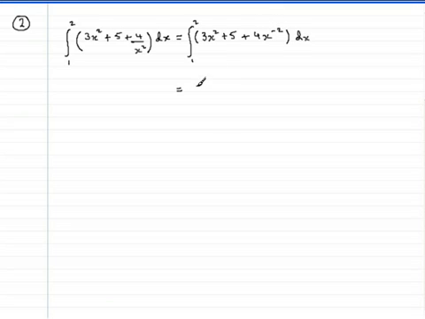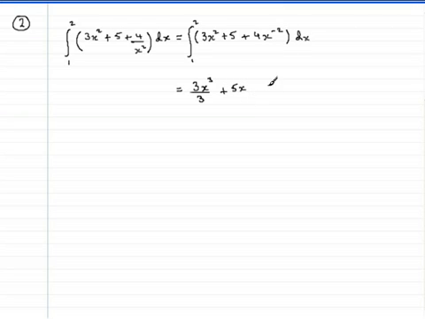So integrating the first term, just simply add 1 to the power, so that's going to be 3x to the power 3, and then we divide by the new power, so that's over 3. Then the integral of plus 5, 5 being just a constant, gives us 5x, so that's plus 5x.